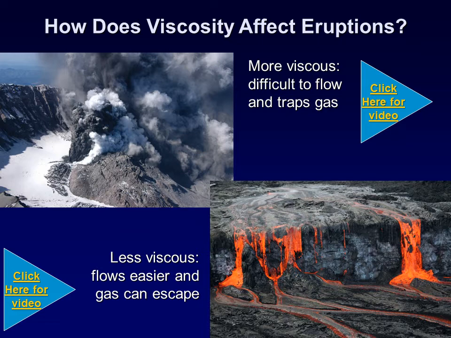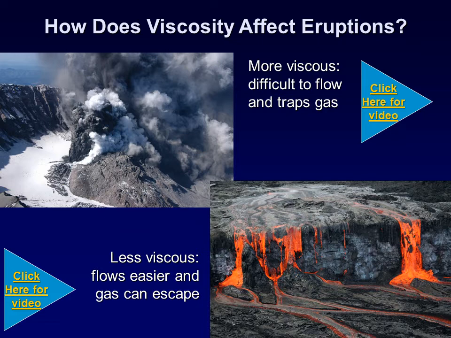So you just build up tons of pressure and then end up having an explosive eruption. Versus the less viscous lava, where bubbles are just able to work their way to the surface, and because the lava is less viscous, because it's thinner, it's easier for those bubbles to be released.